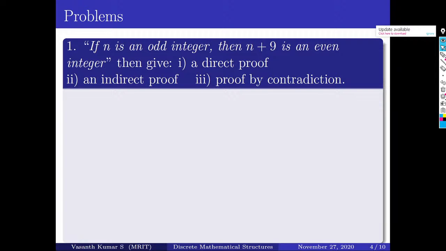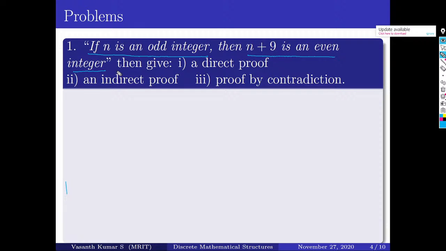The given problem is: if n is an odd integer, then n plus 9 is an even integer.